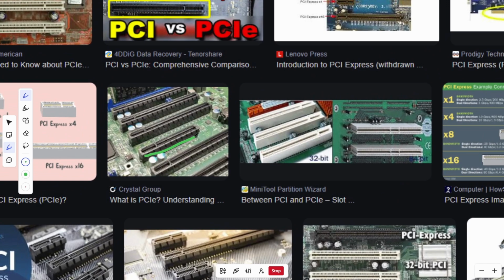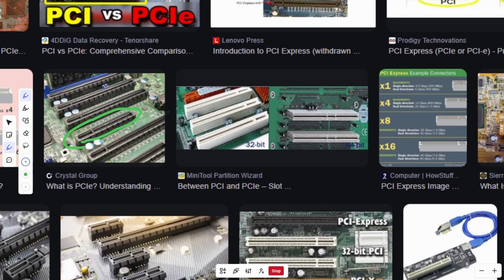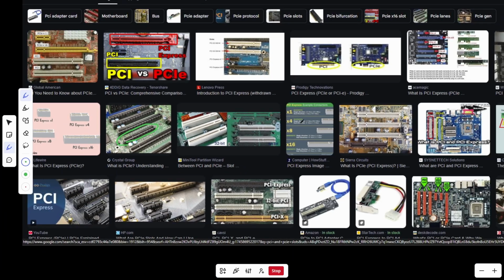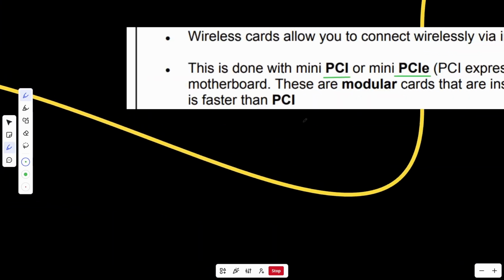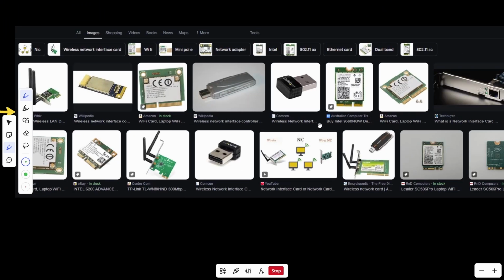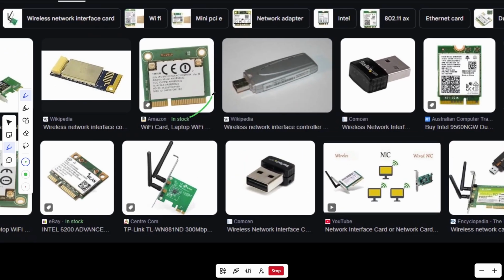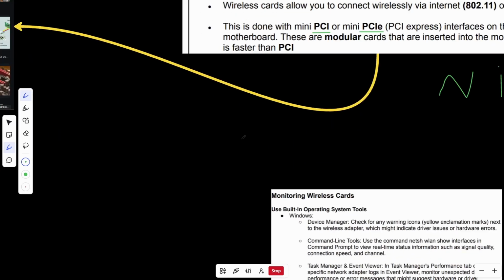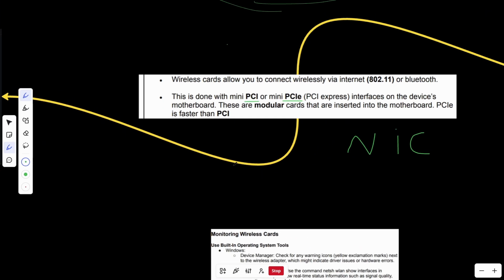You can plug expansion cards into these slots and they will allow you to get additional functionality. So in this case, we would be using a PCI or PCIe slot to plug in a NIC or a wireless card, network interface card as they call it, and get that functionality. And of course, most laptops have this by default.